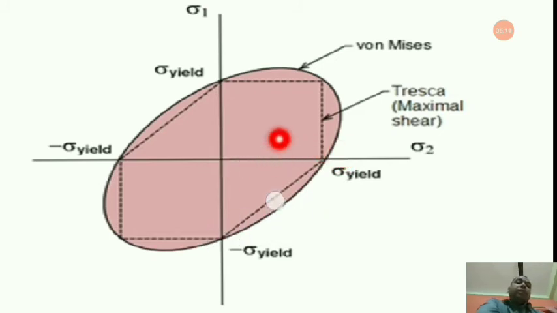So keep in mind, inside this whole region, your material is safe to be hot worked or cold worked or for any metal forming work. After this point, if your stresses develop somewhat beyond this region, then your material is not good for the metal forming process.